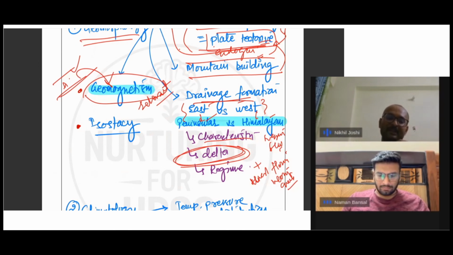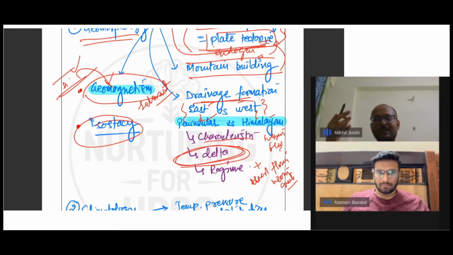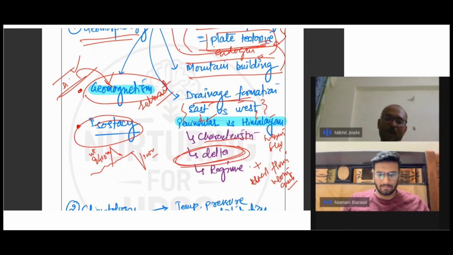Also, the next thing is isostasy. Isostasy talks about the stability of various topographic features on the surface of the earth. On the surface of the earth there is an 8,400-meter high Mount Everest, and then there are 10,000-meter deep trenches. So how do lithospheric balances maintain this?